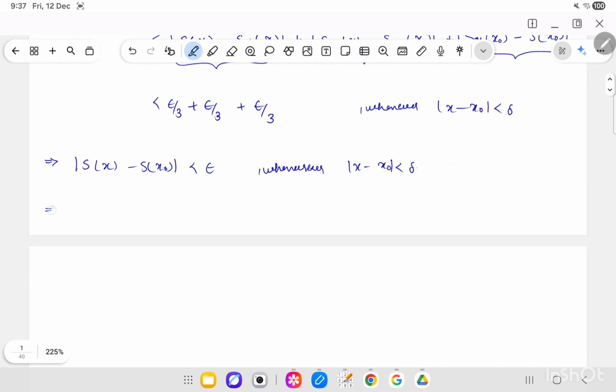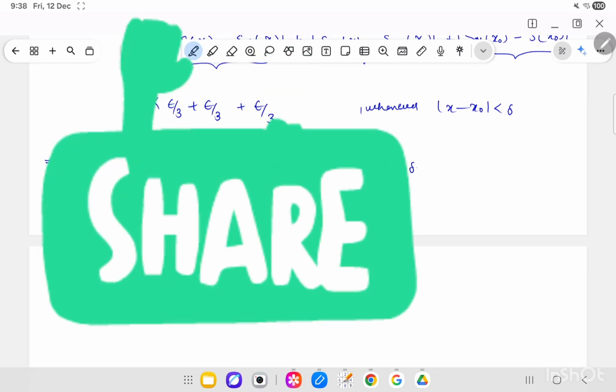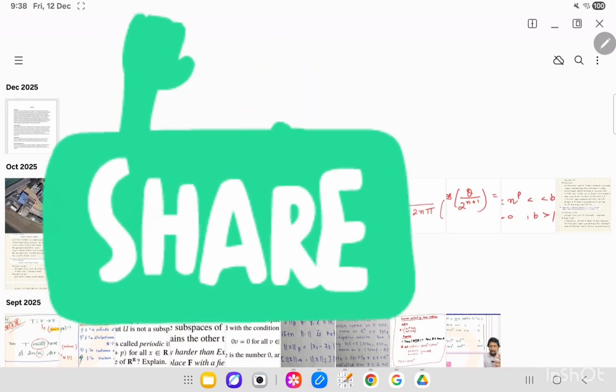So from here we can conclude that S(x) is basically a continuous function. We have concluded that S(x) is continuous at x equals x naught, but since we have chosen our x naught as arbitrary from the closed interval a comma b, we can conclude that S(x) is continuous on the whole interval a comma b.